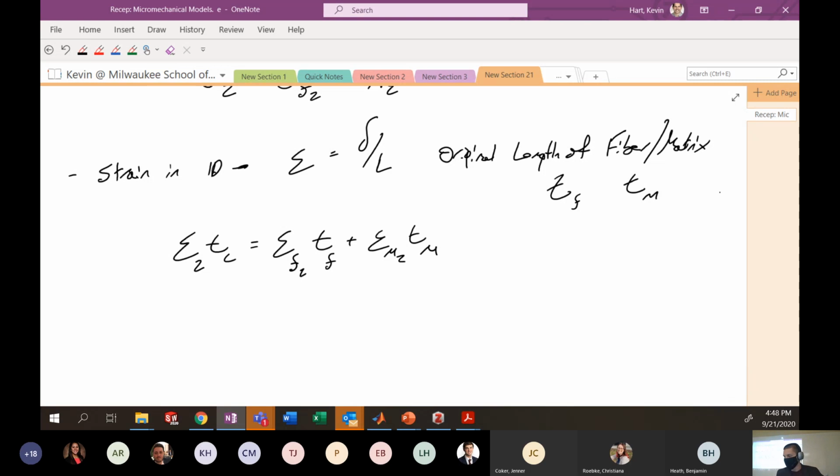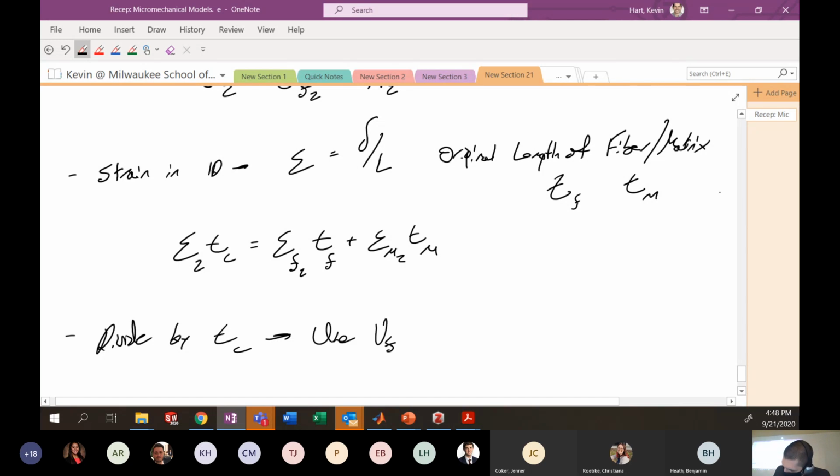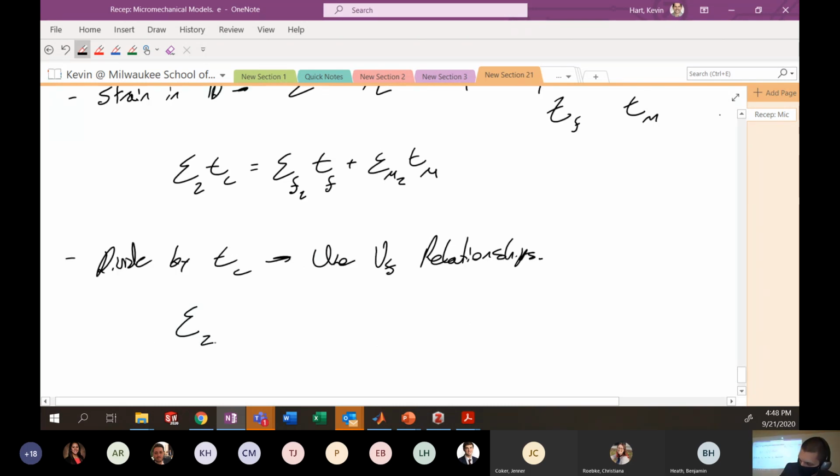Here we've used L equal to T, the original undeformed length of each of these components. So here divide by Tc and use volume fraction relations. You're going to end up with the strain in the 2 direction is the strain of the fiber times the volume fraction of the fiber plus strain in the matrix times volume fraction of the matrix, all in the 2 direction.